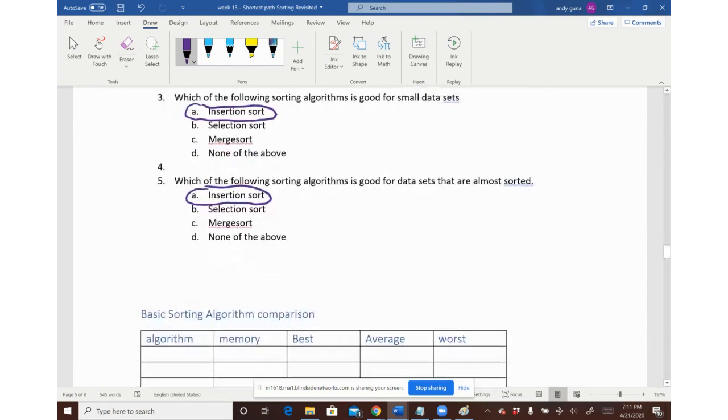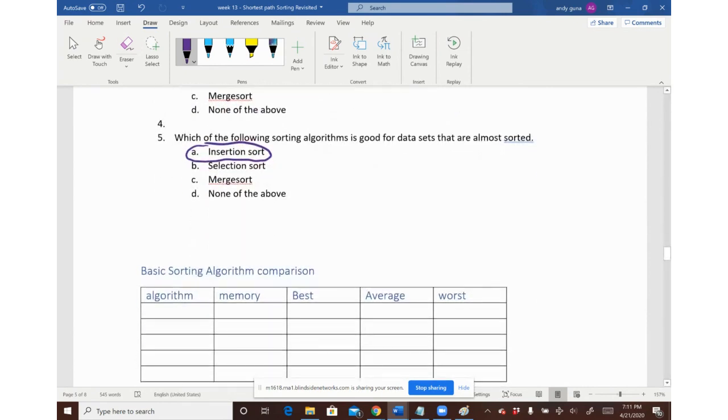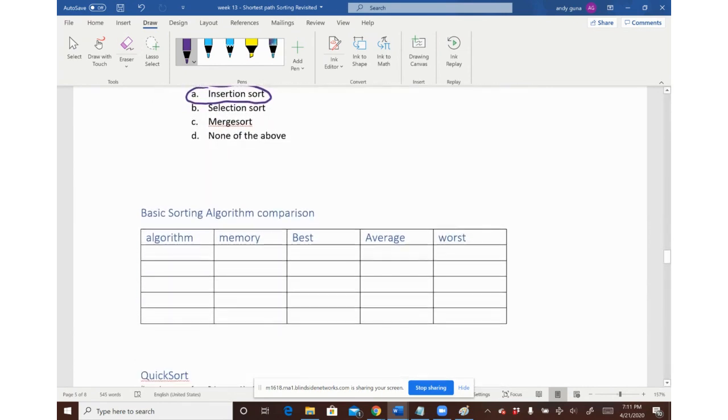Okay, so finally, we're going to do a basic sorting algorithm comparison. We'll look at 3 algorithms. There's another algorithm called heap sort, which I didn't really discuss, but we will discuss that next week.